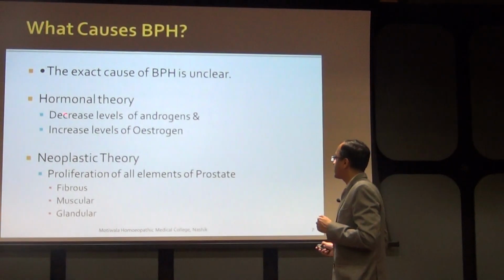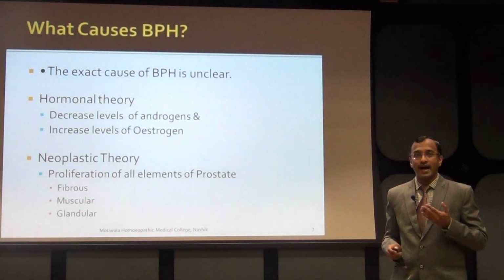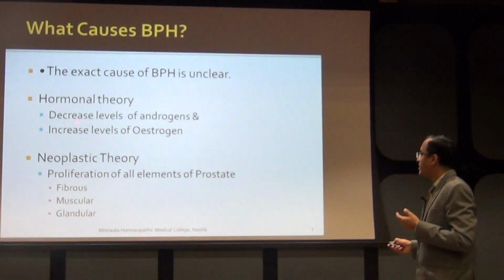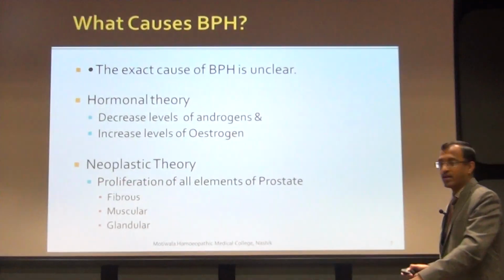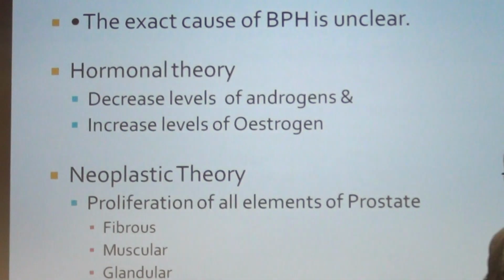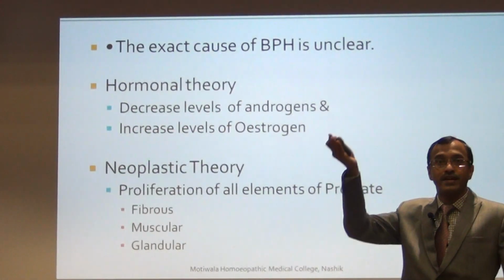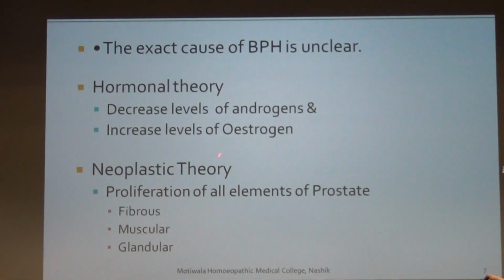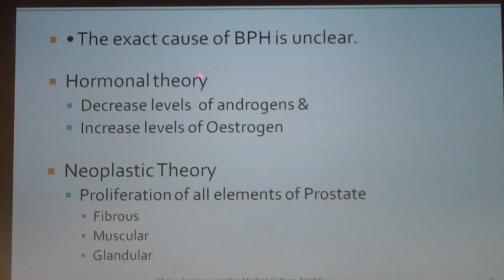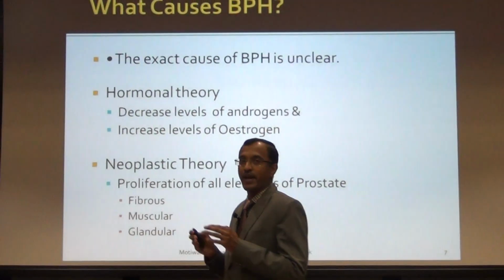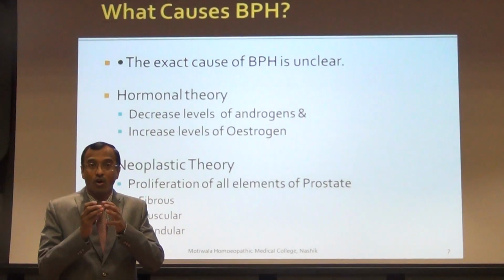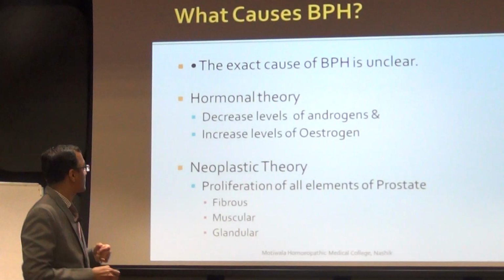In the hormonal theory, as the age advances, the levels of androgen go down, whereas the levels of estrogen increase. This is the key cause few people have put forth as the reason for the development of an enlarged prostate.